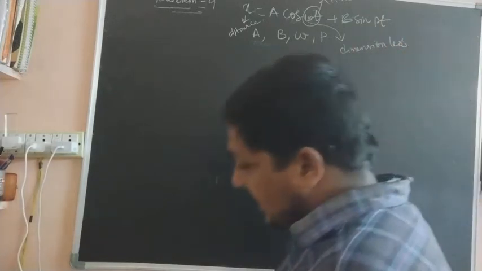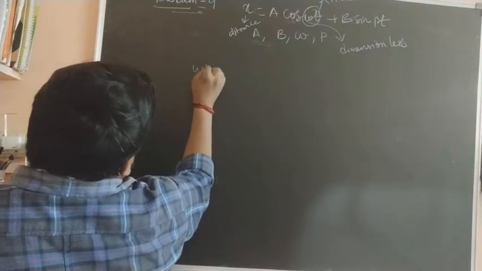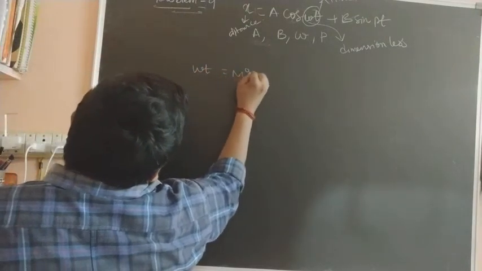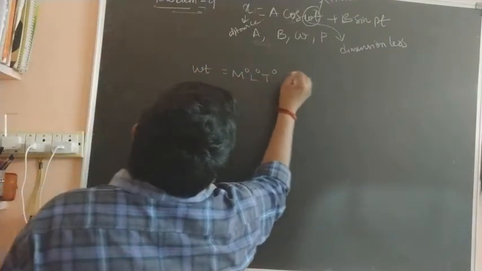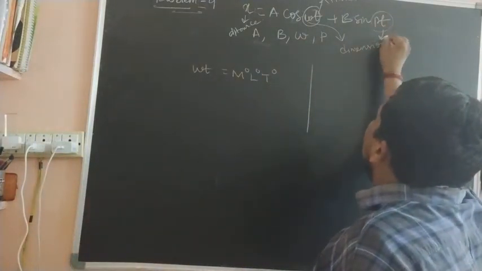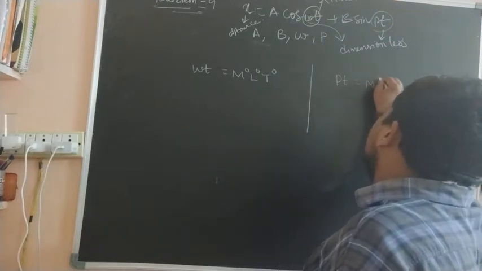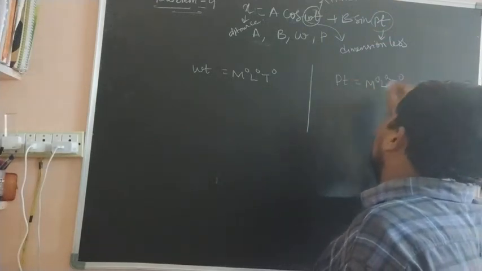By considering this, we can write ωt equals M^0 L^0 T^0. In the same manner, pt also becomes dimensionless. Write pt equals M^0 L^0 T^0.